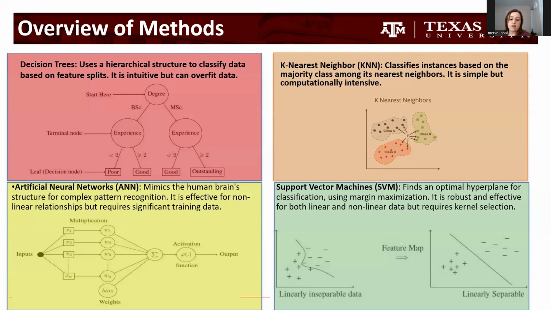SVMs are particularly effective for both linear and nonlinear classification tasks. For nonlinear cases, SVM can use kernel functions such as polynomial or radial basis functions to map the data into a higher dimensional space where the classes are more easily separable.